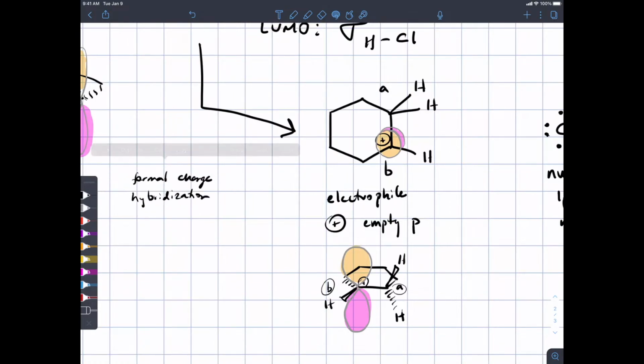Well, to figure that out, you have to remember how formal charge is calculated. It's the number of electrons that an atom normally has, number of valence electrons, minus the number of electrons it currently owns. And an atom owns all of its lone pairs and half of the electrons in its bonds.